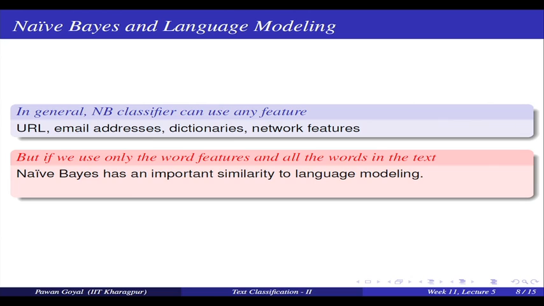But suppose you are using only the content features, that is, all the words that are occurring in this text. If you use only the word features and all the words in the text, then it has a very important similarity to the language model. And what is the similarity? If you think about it, it is as if for different classes you are having different language models.